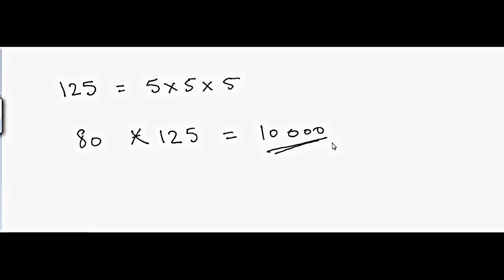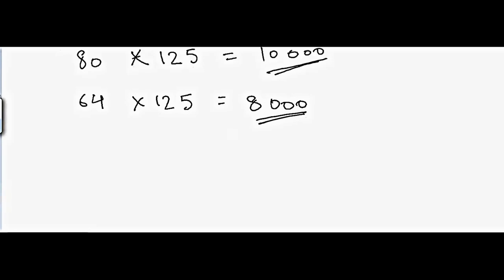Again, let's take another example. If I have 64, as we know that 8 into 8 is 64. So in this case, if I multiply by 125, that will be equal to 8, because we divided 64 by 8, and then put 000 in the end, so it will be 8000.